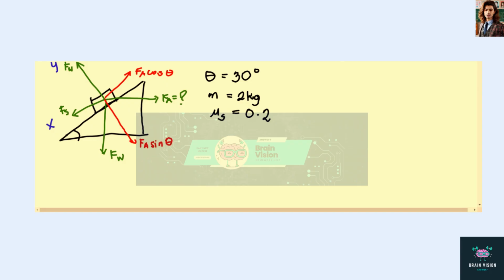One thing we forgot is the forces due to the weight of the block. For the x plane, it is FW sine theta. And for the y plane, it is FW cosine theta.